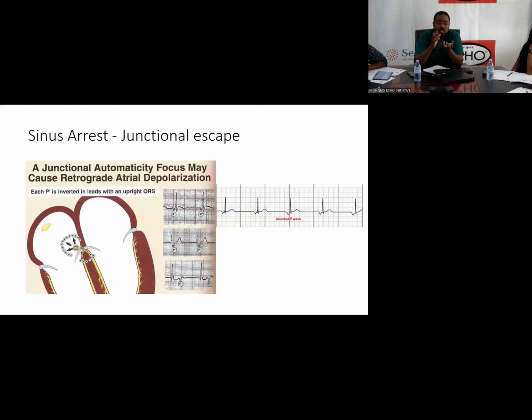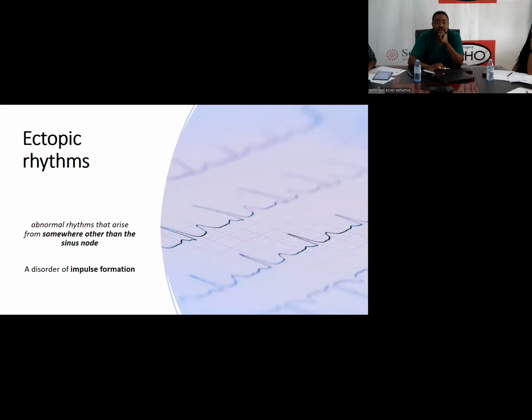Conditions that could take the sinus out of action are things like an infarction, maybe an MI that knocks out the sinoatrial node, and so naturally the heart is made to have other cells take over in case the sinoatrial node loses its functionality. That's what we call a sinus arrest, and we can either get a junctional escape beat or a ventricular escape beat.